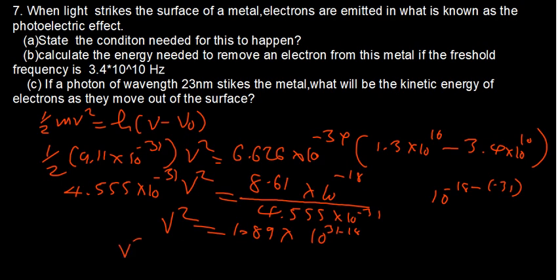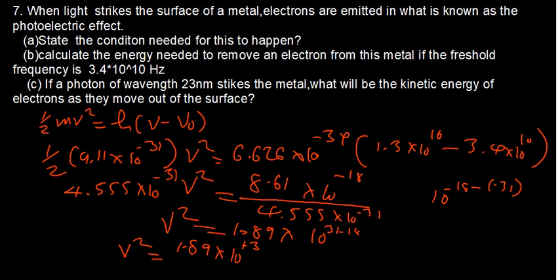So our v squared is going to give us 1.89 by 10 to the power positive 13.